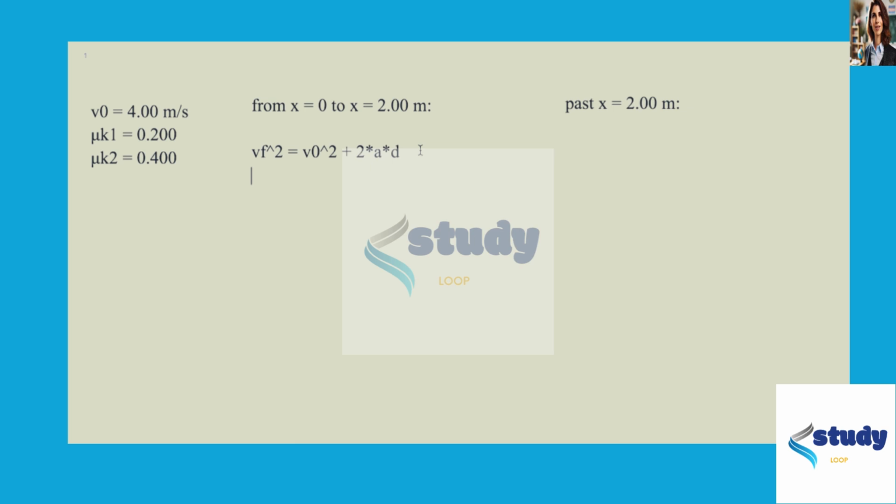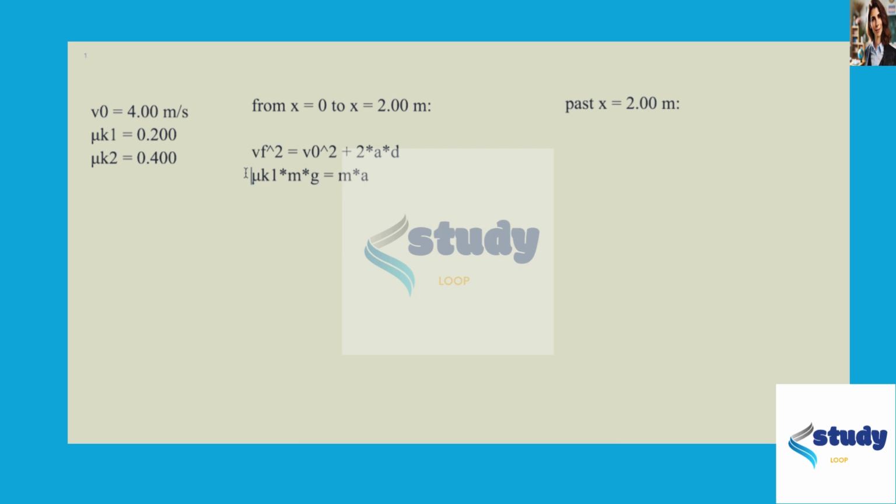So let's think about this acceleration. The force acting on this box is the friction force, which has a magnitude of mu k1 times the mass times gravity, where g is 9.8. This is equal to mass times acceleration, since the sum of forces is mass times acceleration and this is the only force acting on the block in the x direction.